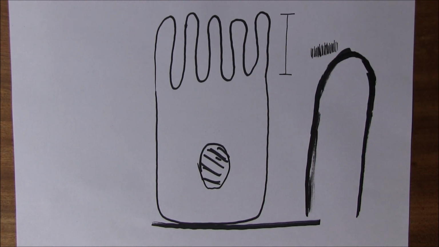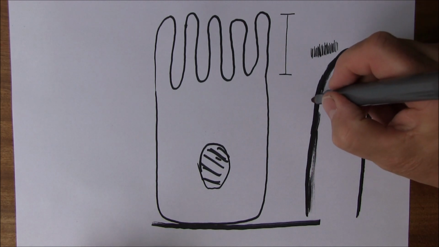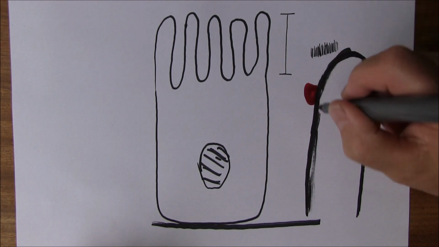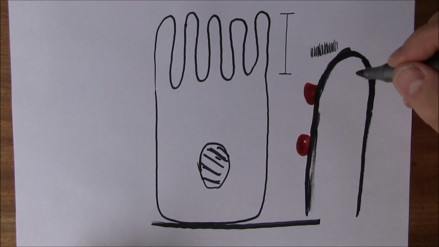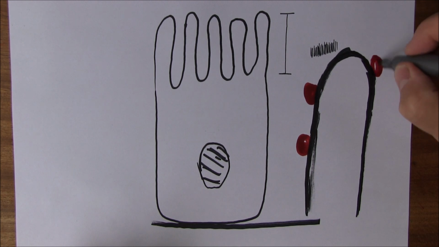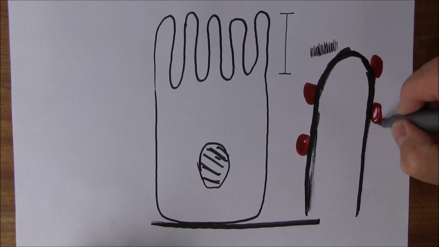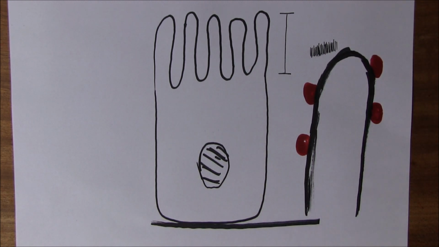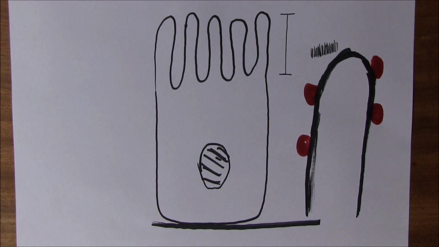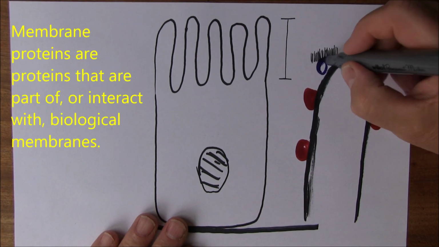And the thing about phospholipid bilayers is that there are proteinaceous inclusions that can float on this bilayer. So floating in this phospholipid bilayer, attached to the bilayer, there are various proteins.